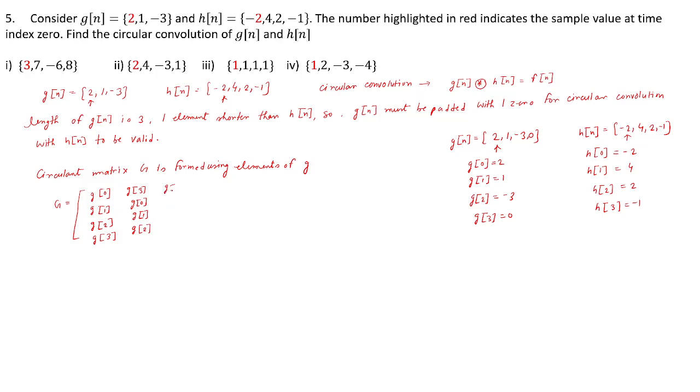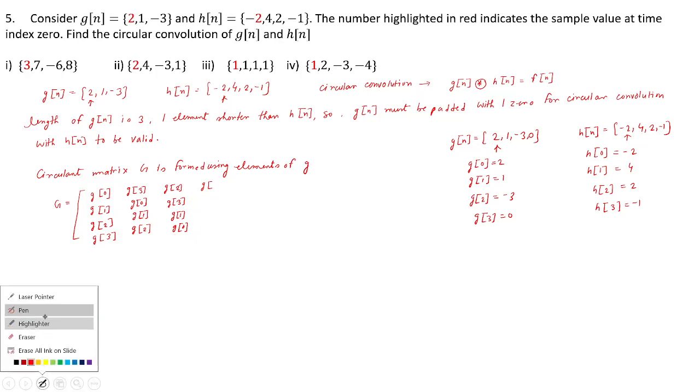Here comes G2, comes G3, comes G1, here comes G0. Sorry, I made a mistake here.